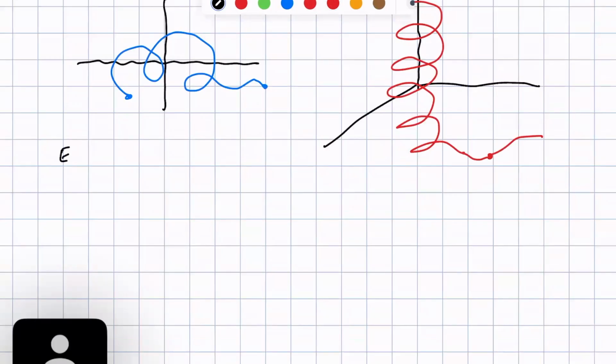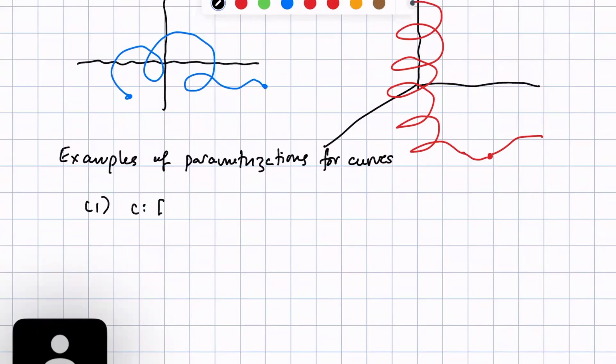So examples of parametrizations for curves, let's give some examples. For example, let's do this one, C from 0 to 2 pi to R2, given by C of t equals cosine of t, sine of t.